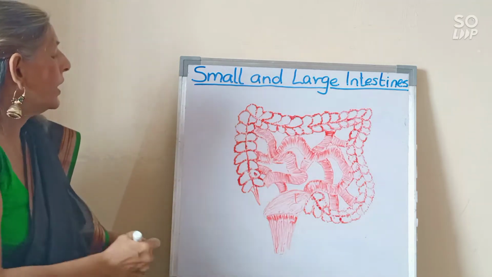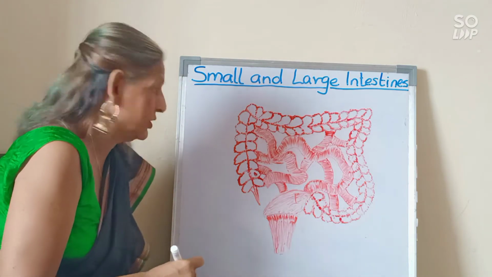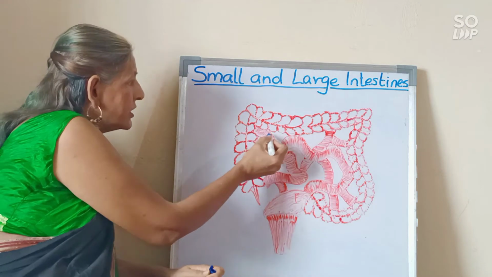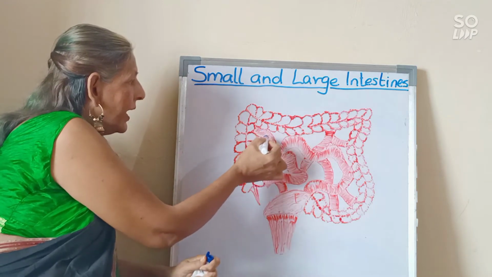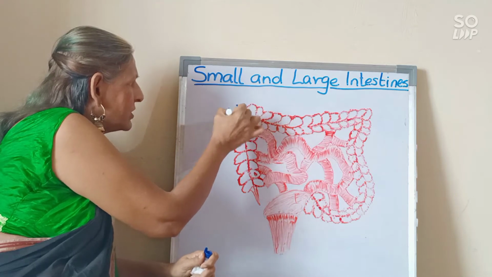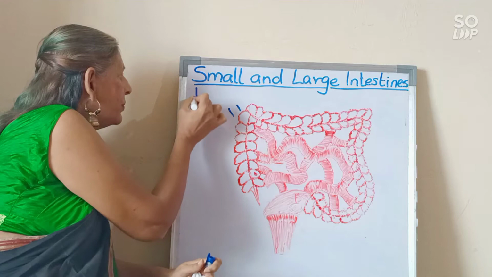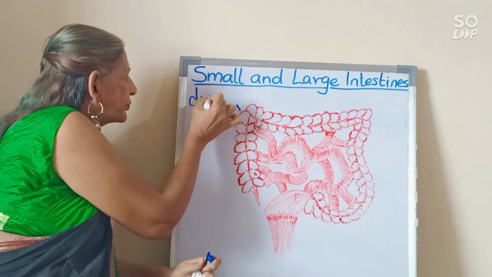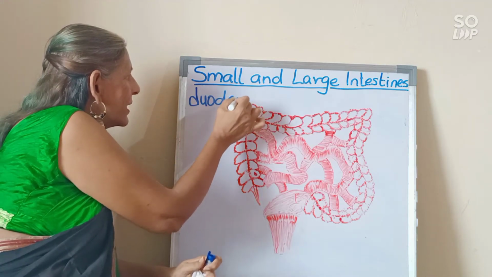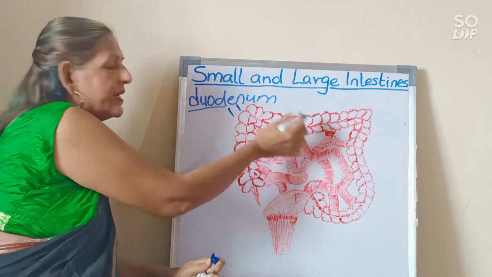Let's begin with the small intestines. Here are the small intestines, and this part which joins from outside, which comes inside, is called the duodenum.